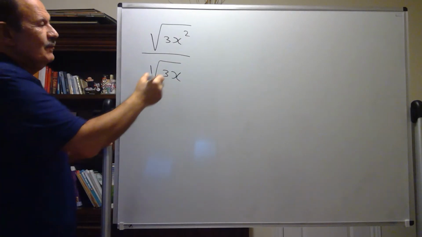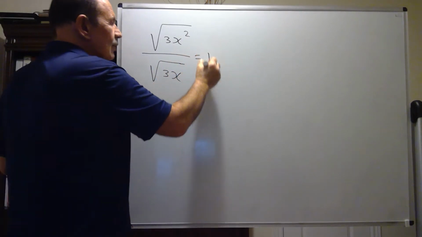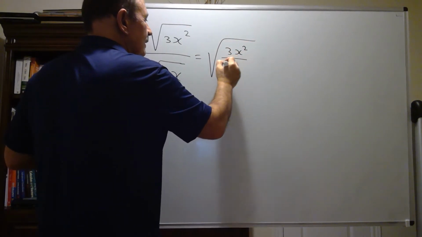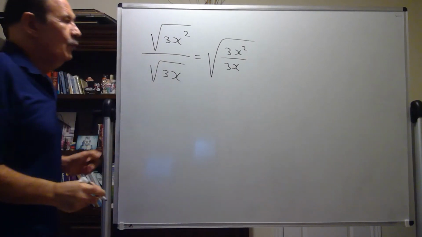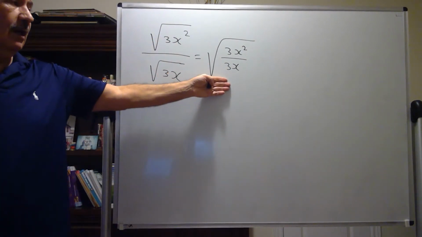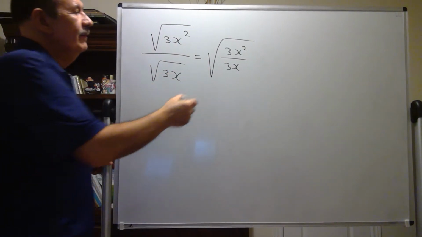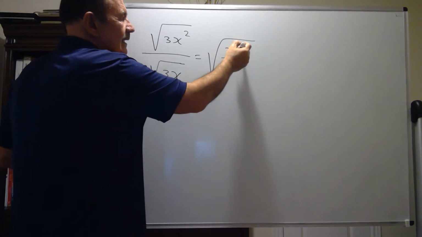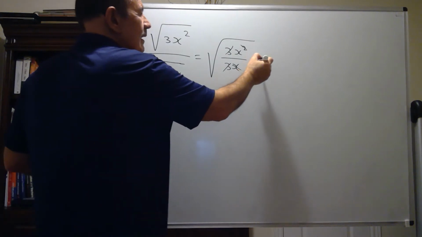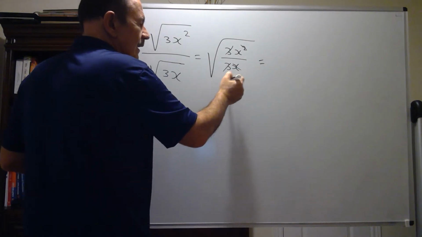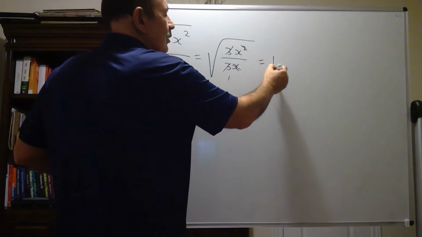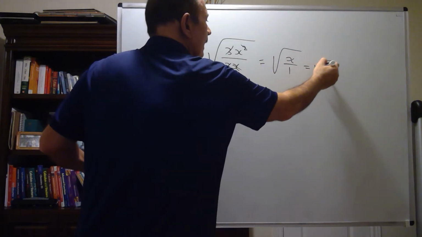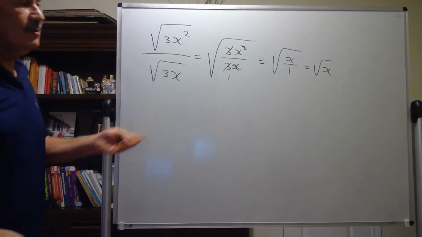For this one we can write it as radical 3x squared over 3x, both under the radical. Now we can simplify. This 3 and this 3 cancel each other. This x and this x squared cancel each other. So in the denominator, we have only 1. We can say radical x over 1 or radical x, because x over 1 is x.